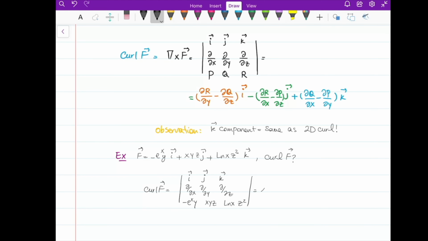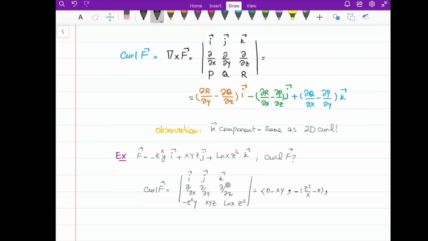Let's write the components. The i component is the derivative of that with respect to y, which is 0, minus the derivative of this with respect to z, which is xy. The second component has a negative sign, and I remove the row and column containing j. It would be the derivative of this one with respect to x, which is z squared over x, minus the derivative of this one with respect to z, which is 0.